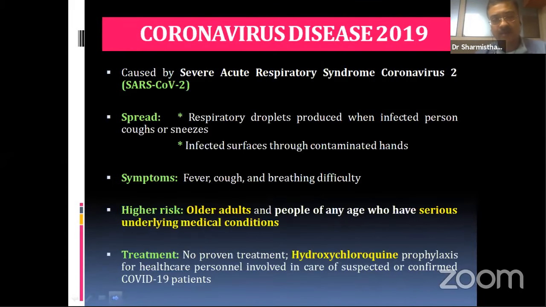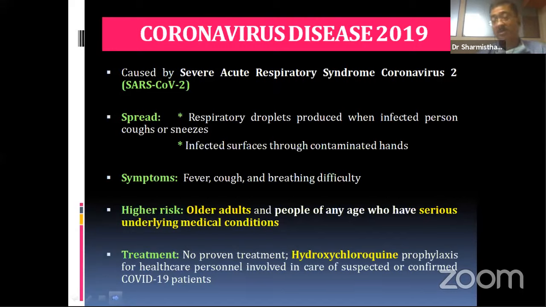So first, in a nutshell, we all know that nowadays SARS-CoV-2 is our big headache. The entire world has basically stopped with the fear of this infection. It spreads with respiratory droplets and also through contamination from infected surfaces, with symptoms of fever, cough, and breathing difficulty.